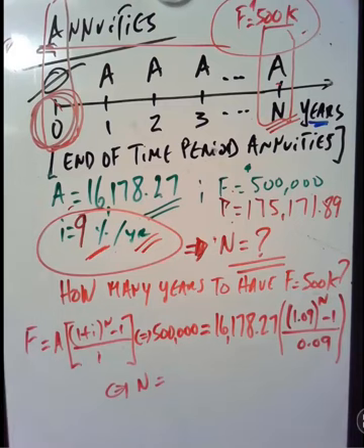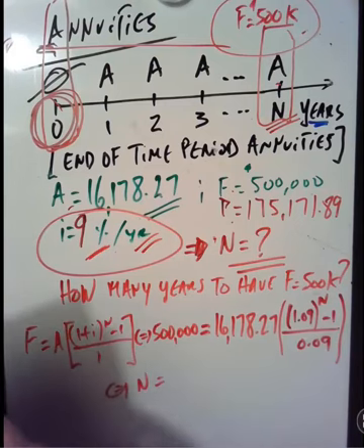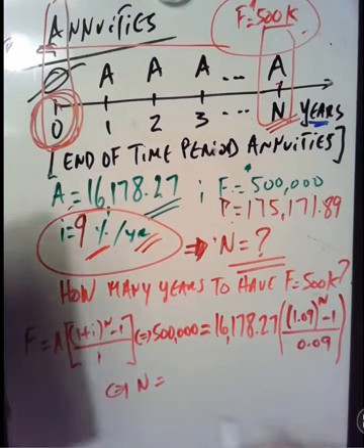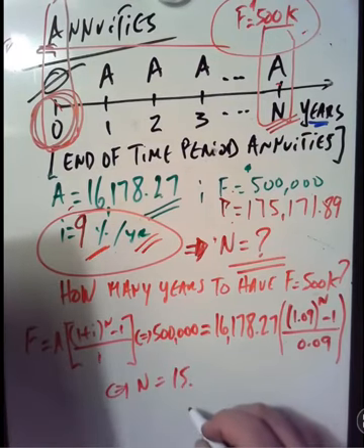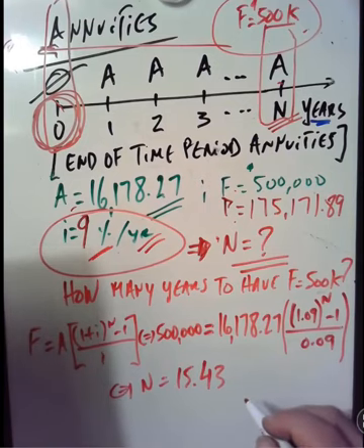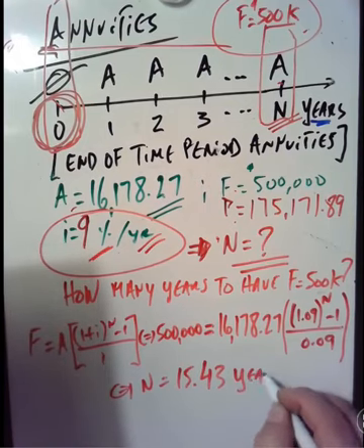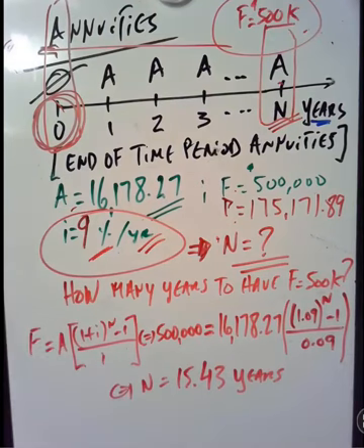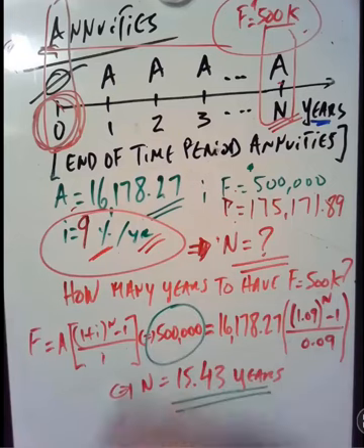So the n here, the n that makes this equality hold, will be 15 years and 0.43. So it would take us not the full 18 years to get $500,000.